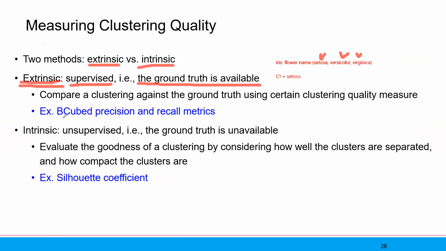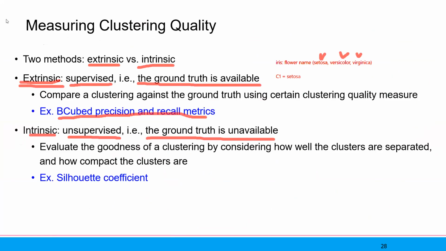We have a measure we call the B-cubed precision and recall matrix. Intrinsic is unsupervised. The ground truth is unavailable. So we do not know anything. Like the example that we have about the second-hand phone. So last time we had the examples. We have only the camera pixel, and then we have the battery time.